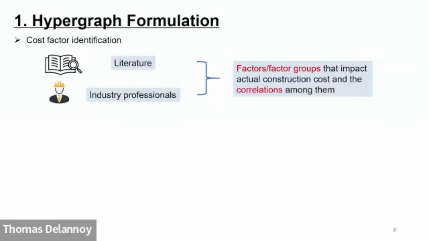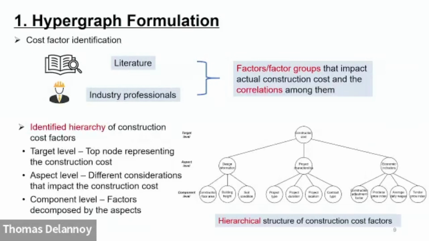For the first part, we first identify the cost factors and also their groups and correlations through the literature and industry professionals. This is an identified hierarchy of the construction cost factors.